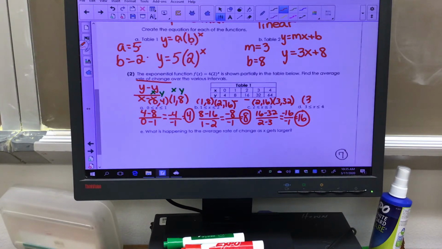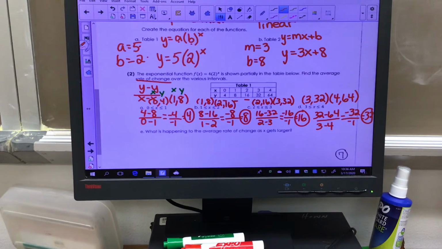Three is 32, 4 is 64. So I got my rates: 4, 8, 16, 32.